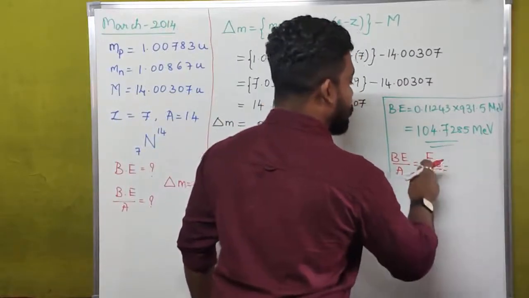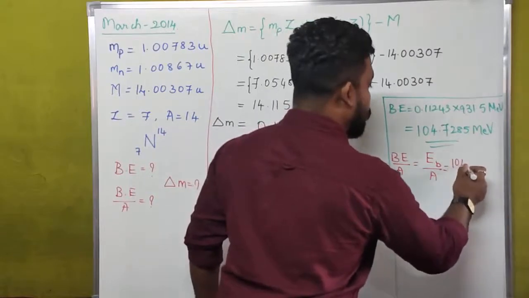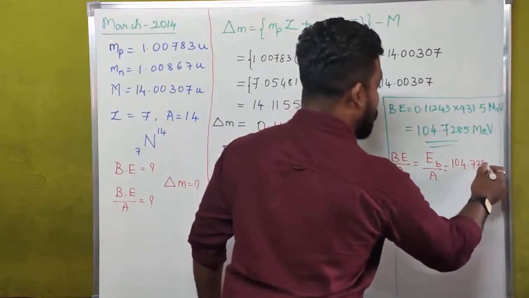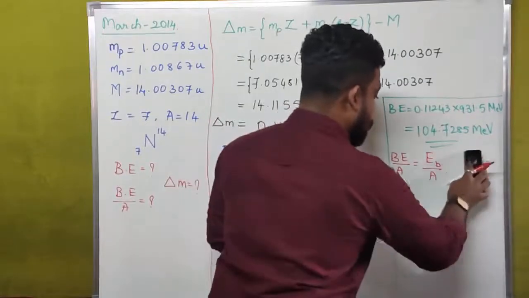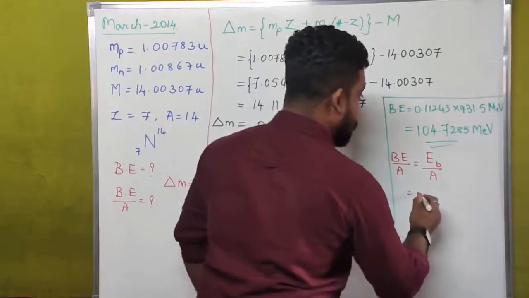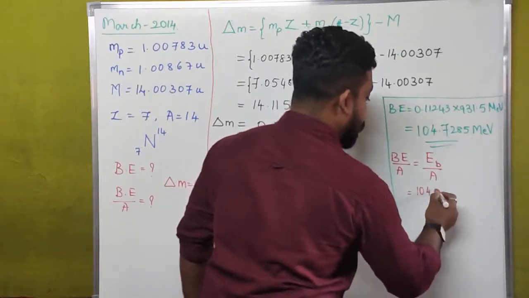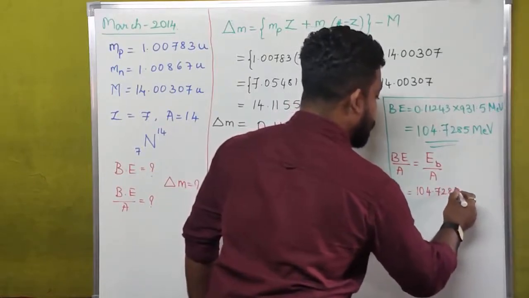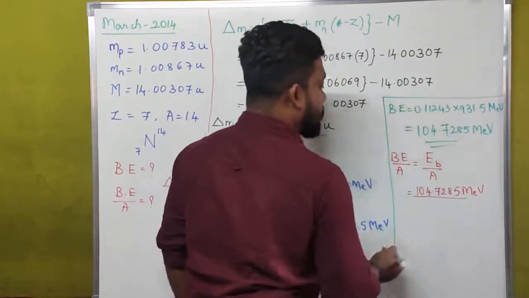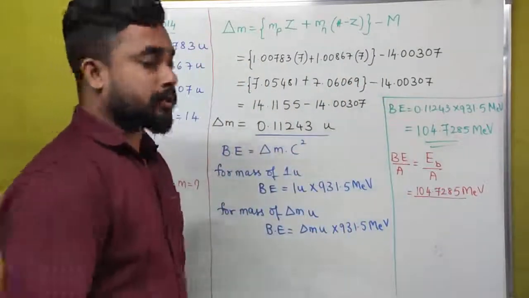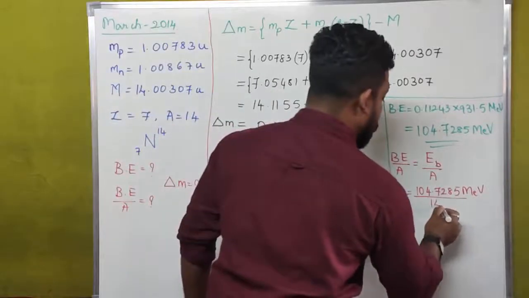What is the value of Eb here? That is 104.7285 million electron volt divided by A. What is the mass number here? Mass number is equal to 14.